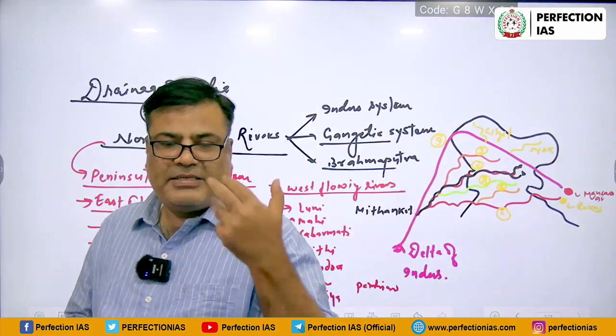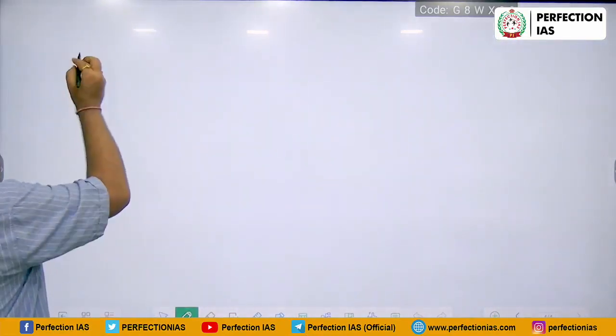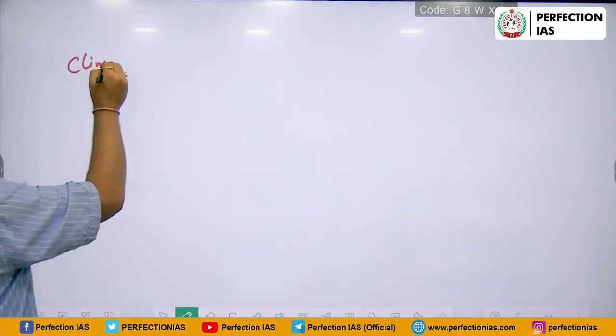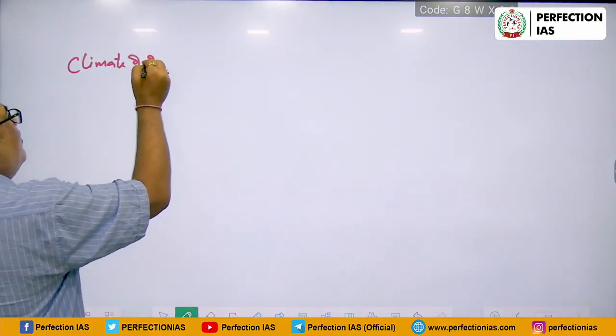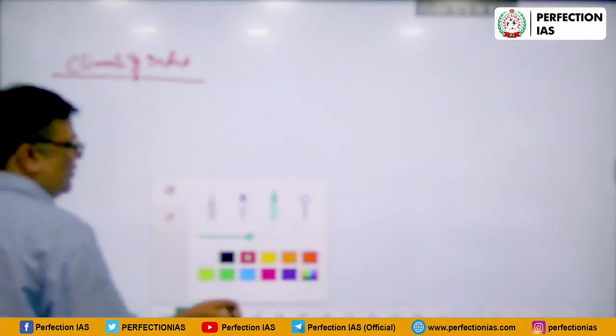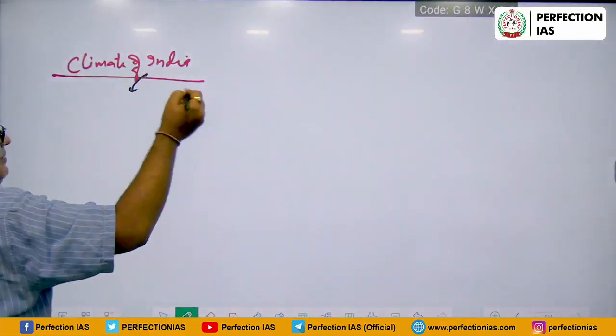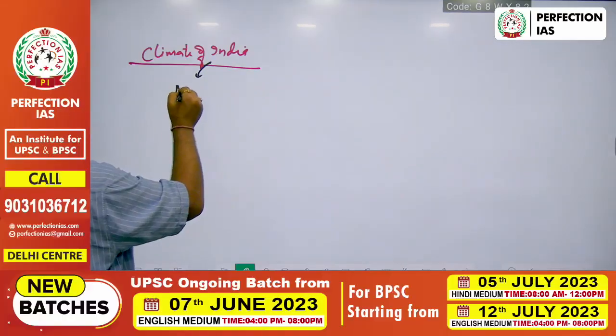All right. अब इसके बाद से हम आते हैं, that is called the climate of India. And when we talk about the climate of India, then after simple temperature and the rainfall, we talk about the monsoon.